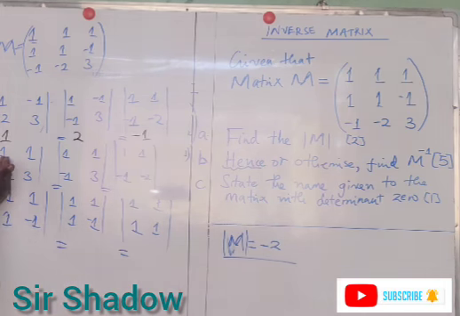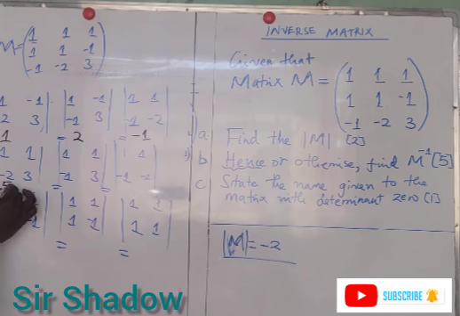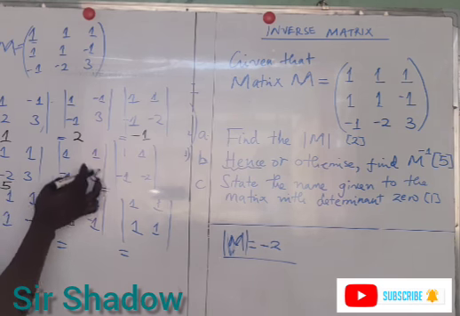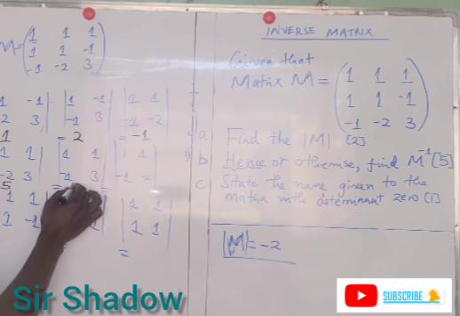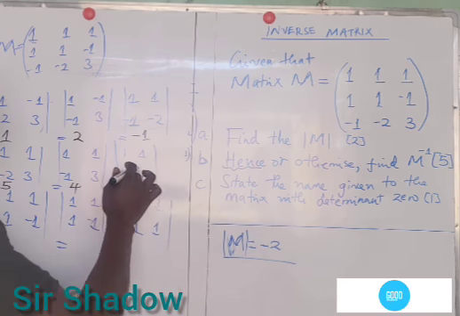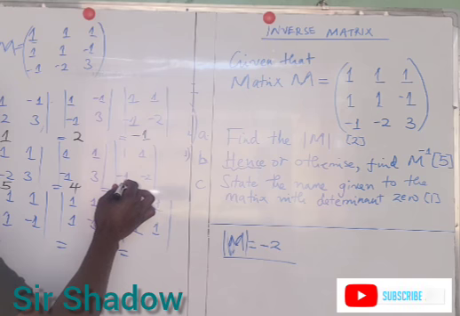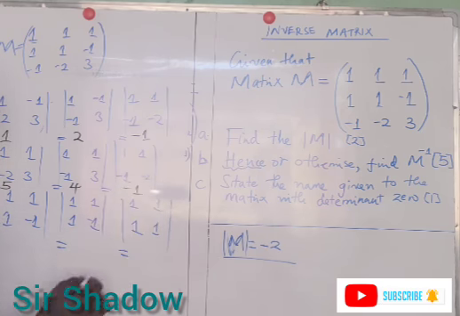Then 3 minus 2 is 5. Here we have 3 minus 1, which is 4. Then minus 2 plus 1 is negative 1.